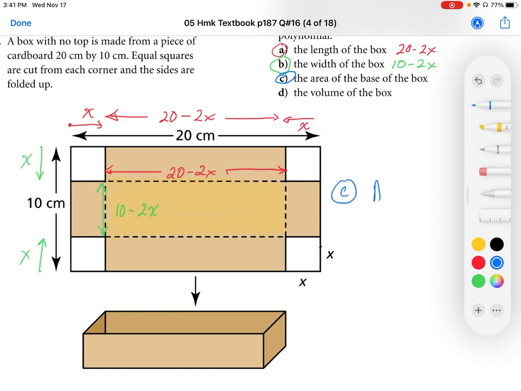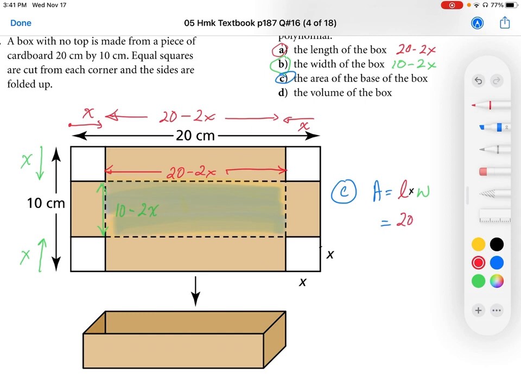For C, the area is equal to the length, which is 20 minus 2x, times the width. I need to multiply that together. Maybe I'll shade this a little bit better. Let's shade that in blue. And that's going to be my area in here. So when I calculate the area, I need to write an expression for the length.